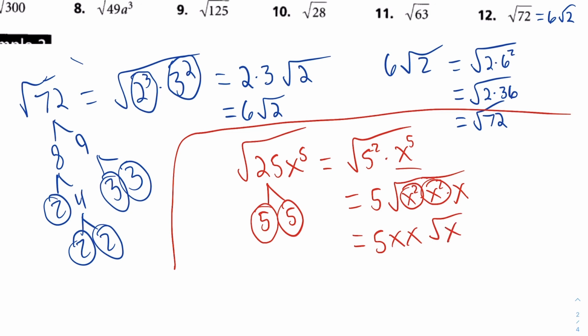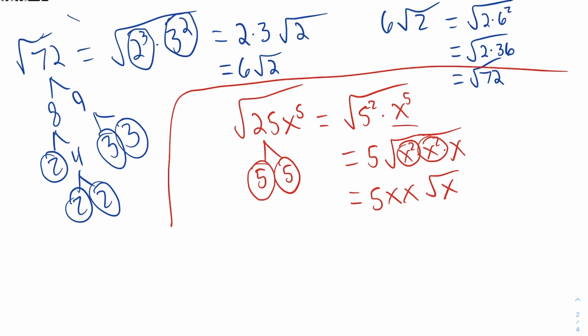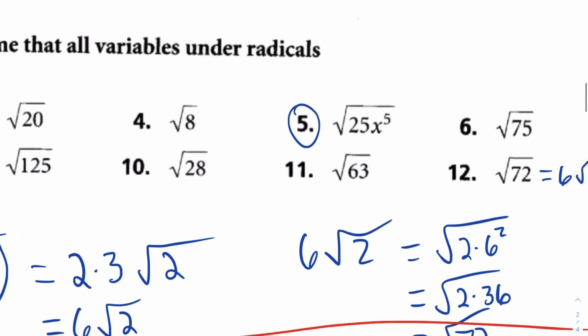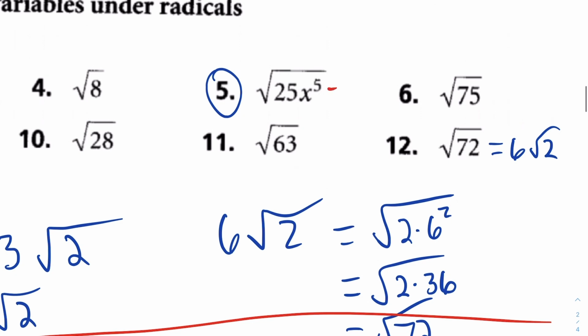The one that doesn't have a pair has to stay inside the square root. The final step is to multiply these things that are outside and keep what's inside together. So our final answer is 5x squared times the square root of x.